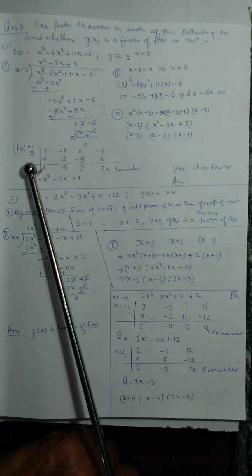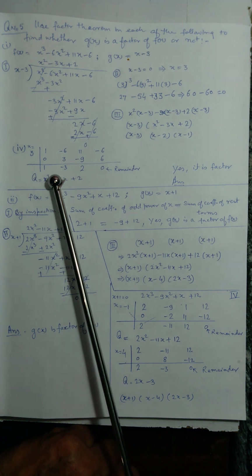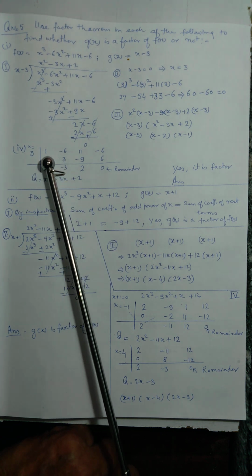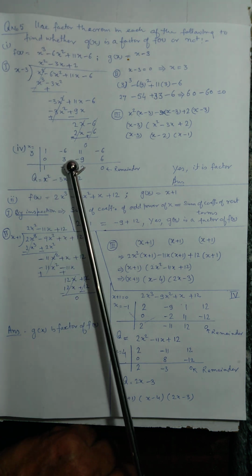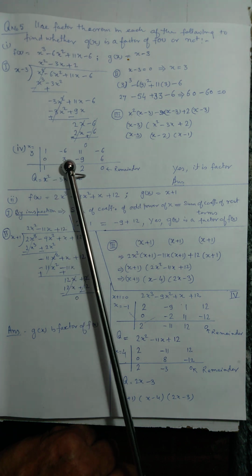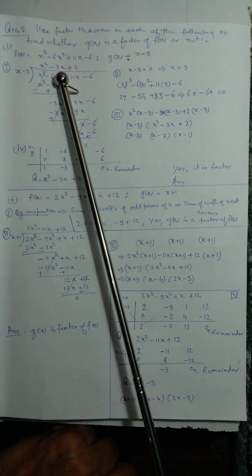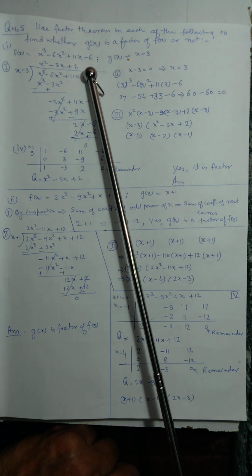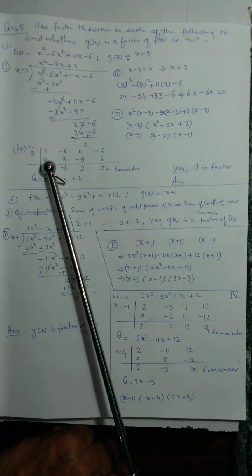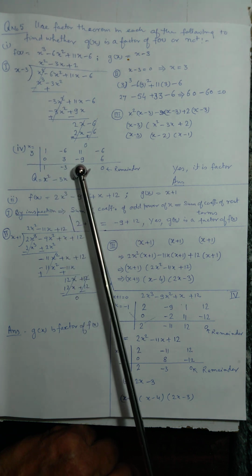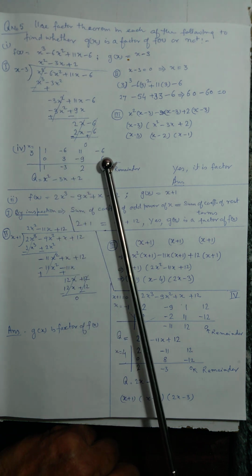Now the fourth method, you can say, the Newton method. I have to detach the coefficients of x cube minus 6x square plus 11x minus 6. Here I have brought it. You see, 1, minus 6, 11, minus 6.